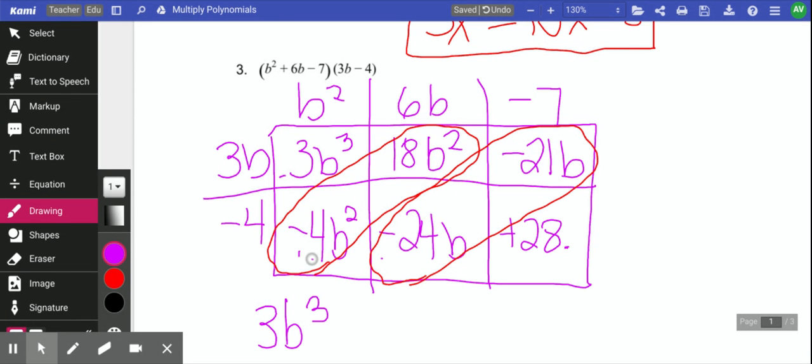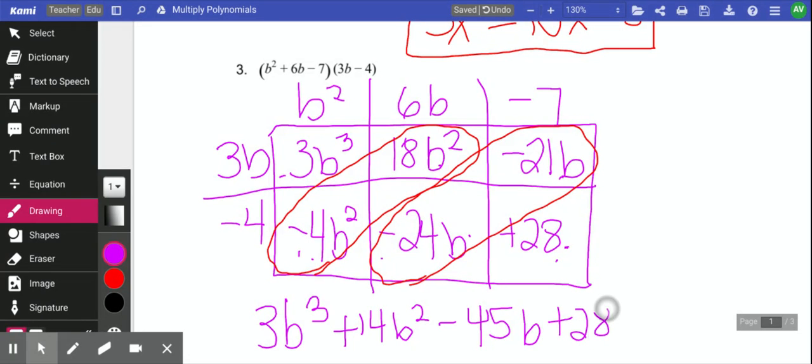Next, I have negative 4b squared and positive 18b squared. That's going to be positive 14b squared. And this one, negative 24b minus 21b, that is negative 45b. And then finally, positive 28. And that's my final answer.